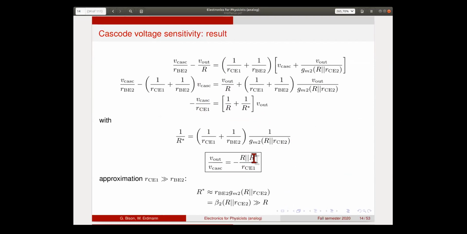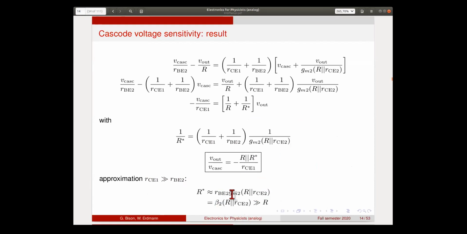And in order to make sense of that, we approximate again by saying that RCE1 is much larger than RBE2. And then our R star can be simplified a little bit. Here we drop the RCE1, and then we're left with only this product, RBE2 times GM2 times R parallel RCE2.